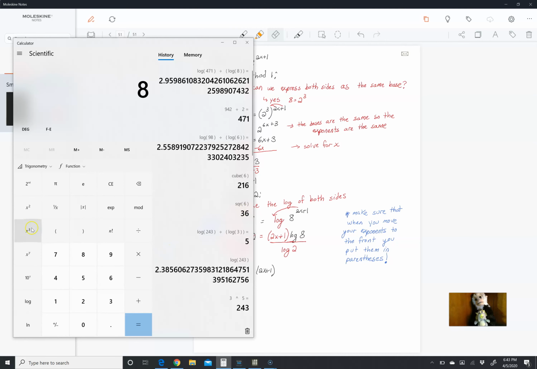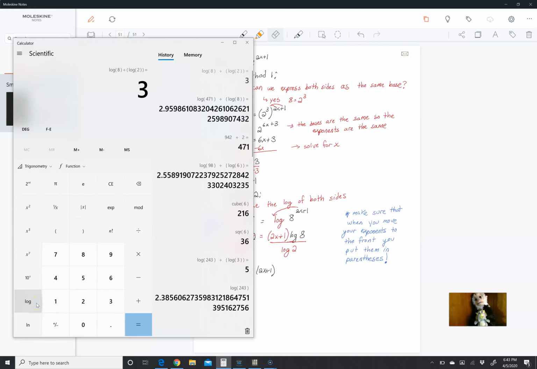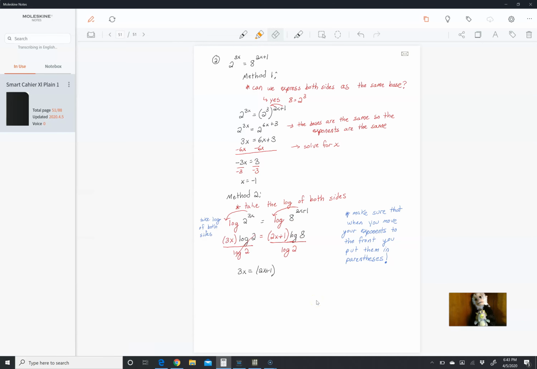So log of 8 divided by, and again we put in parentheses, log of 2, equals 3. And if you get a whole number here, it's likely that you could have used method 1, okay? So this would be indicative that, hey, yes, I can express both sides as the same base because we got an integer here, okay? So this is times 3.